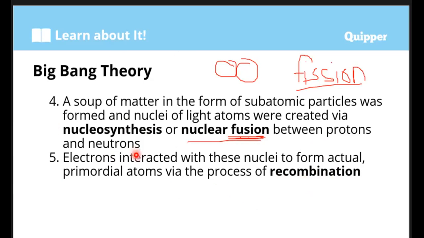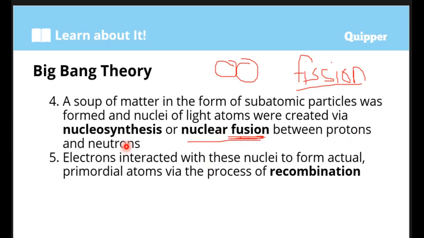So since the singularity of the universe as a point already contains matter and energy, of course, it is present with the subatomic particles. So at first, in nuclear fusion, the protons, the positively charged particle, and the neutron, the no charge, were being merged.